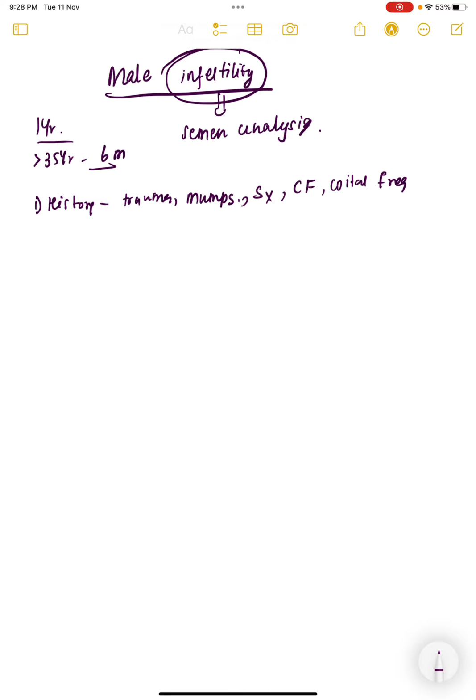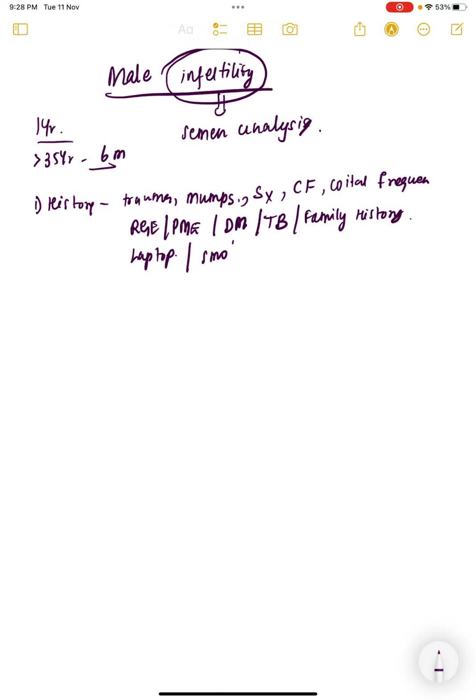Is there any history of retrograde ejaculation or premature ejaculation? Does the partner have diabetes mellitus, or is he suffering from tuberculosis, or is there any family history of male infertility? You have to elicit all this history from the male. Also regarding work, whether there is laptop use or radiation exposure, or whether he is a smoker or alcoholic, you will ask all these things.